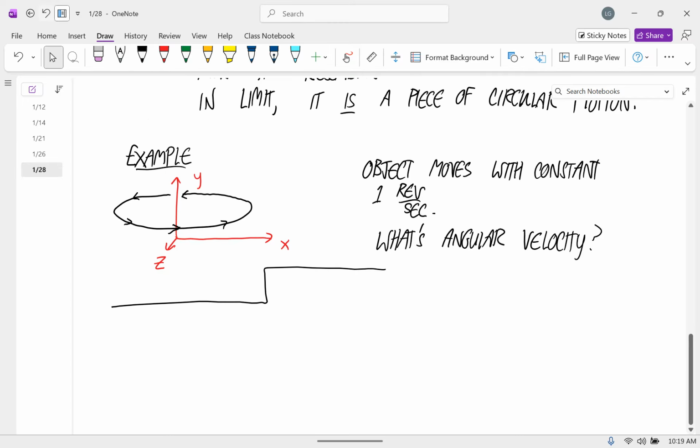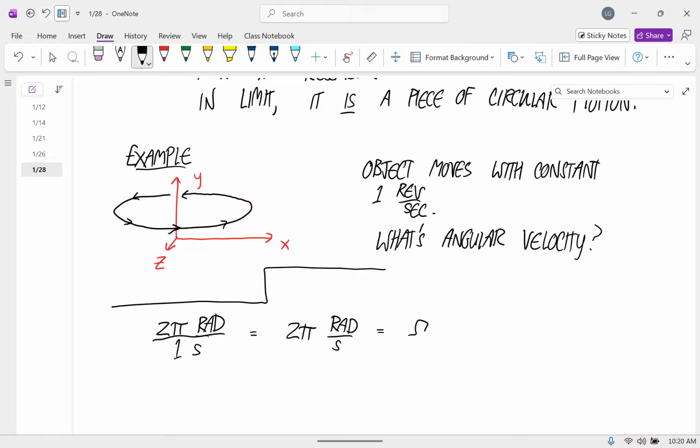Okay, well, 1 revolution is 2 pi radians. So we're going to go 2 pi radians over 1 second. And so we get 2 pi radians per second.